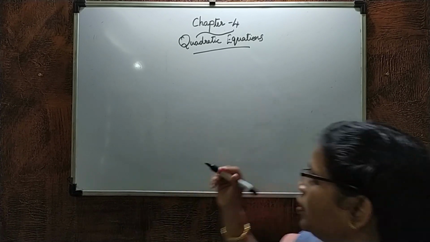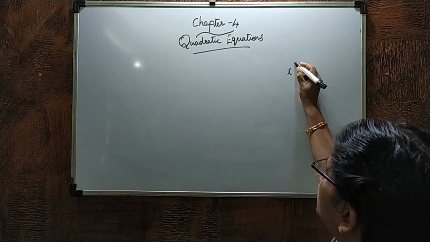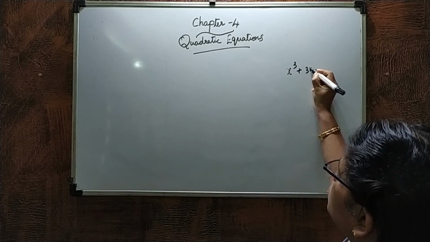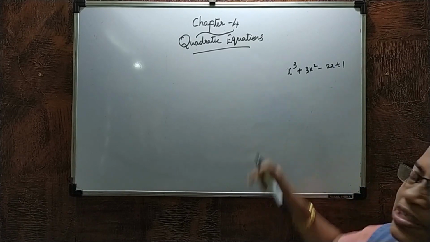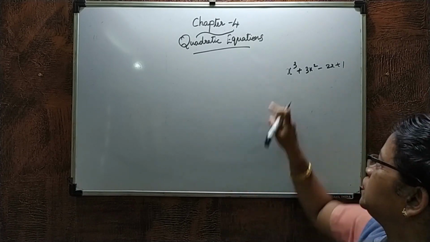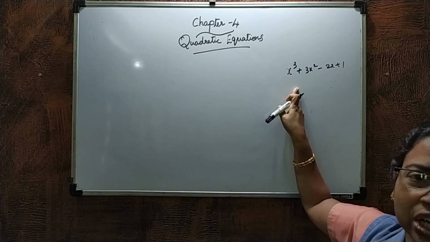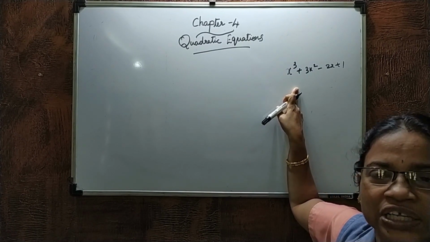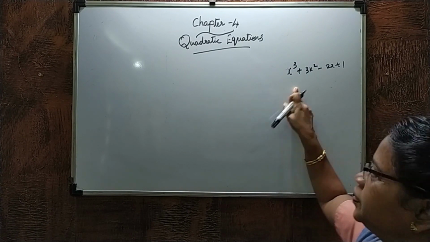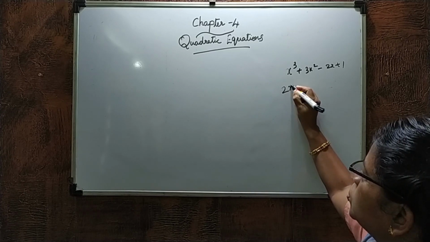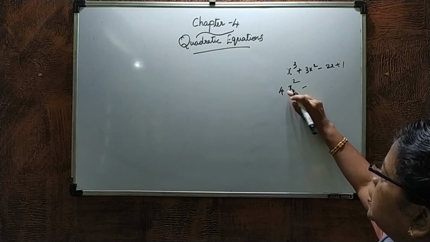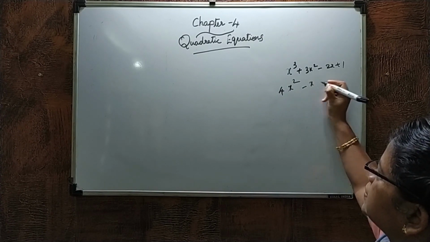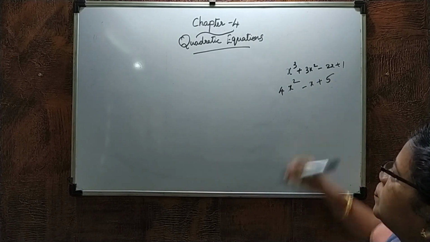Suppose here it is x cube plus 3x square minus 2x plus 1. Look, which is the highest exponent? 3. This is not a quadratic polynomial. This is a cubic polynomial. Suppose here it is like this, 4x square minus x plus 5.